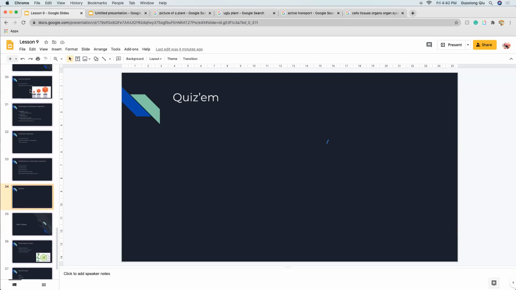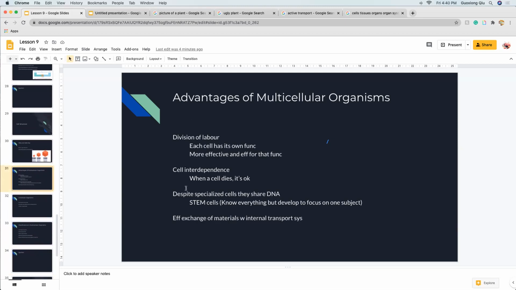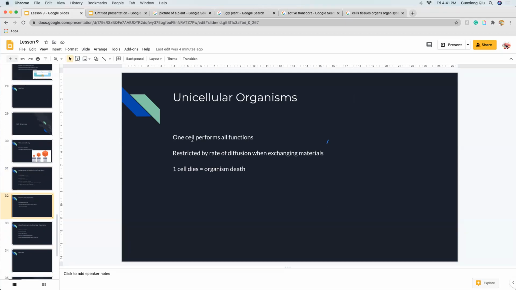Think about it this way. For our specialized cells, we have majors. Your liver cell majors in liver stuff. Your stomach cell majors in stomach stuff. They went to school, they studied it, and they became very smart in their area. And a unicellular organism kind of learned a bit of everything and was like, I think that's good.